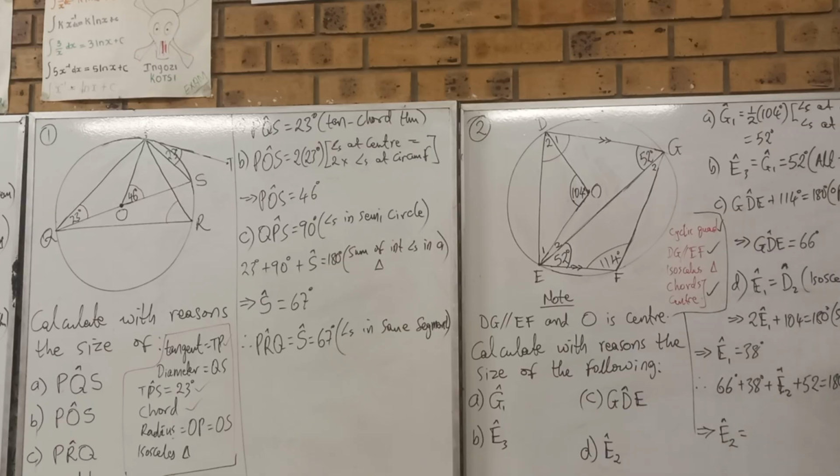So to calculate E2, you take 180 minus 66 minus 38 minus 52 degrees. So I'm taking 180 minus 52 minus 38 minus 66. That gives me my E2 as 24 degrees.